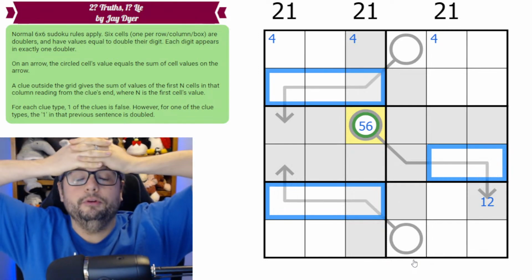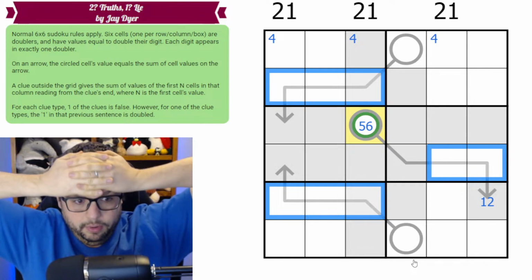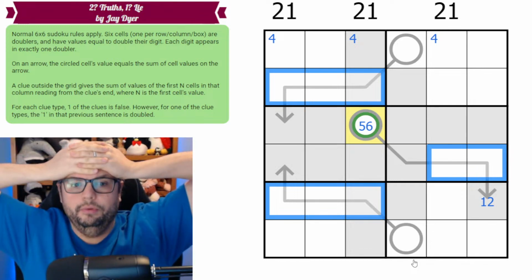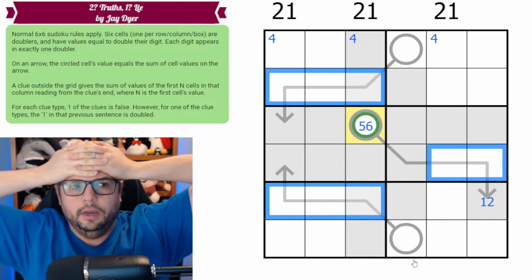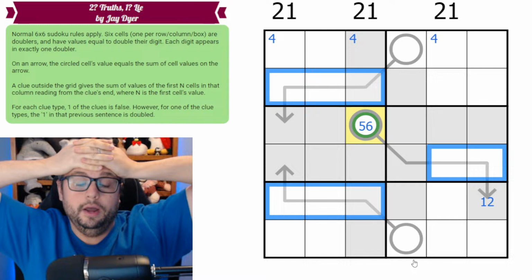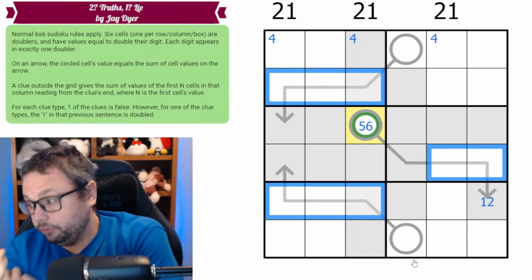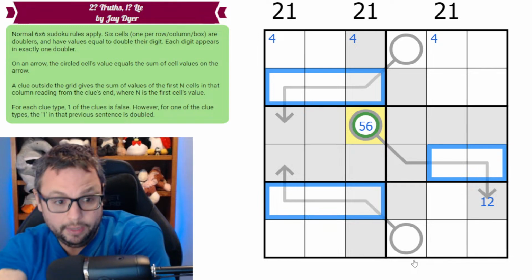And the one with a double 2, what's going to go on it? It's going to be a double 2 and a 1 or a 2. Well, it can't be a double 2 and a 2. It's got to be a double 2 and a 1. So the one with a double 2 definitely also has a 1.